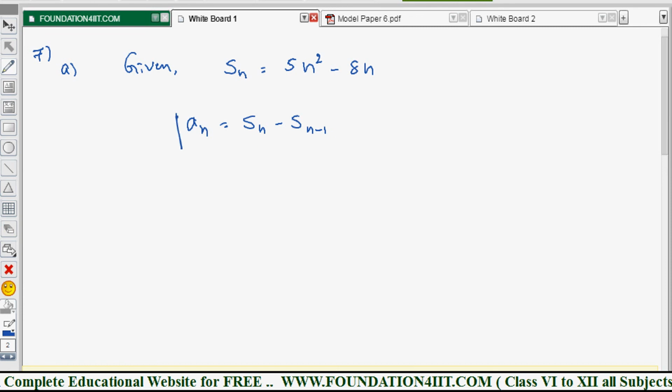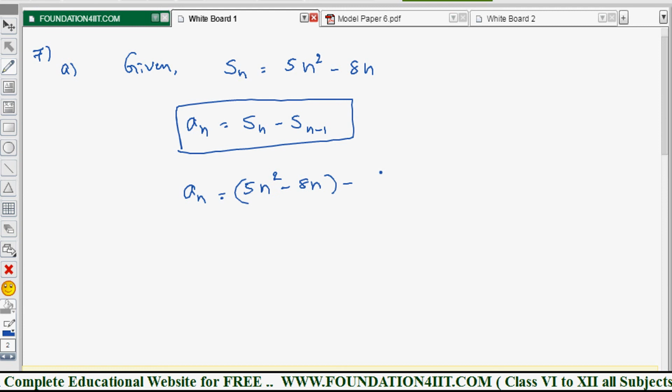So this is the an formula, right? By using this, you can find the an, that is the nth term. So the nth term is 5n square minus 8n minus, in the place of n, n minus 1. So 5 into n minus 1 square minus 8 into n minus 1.